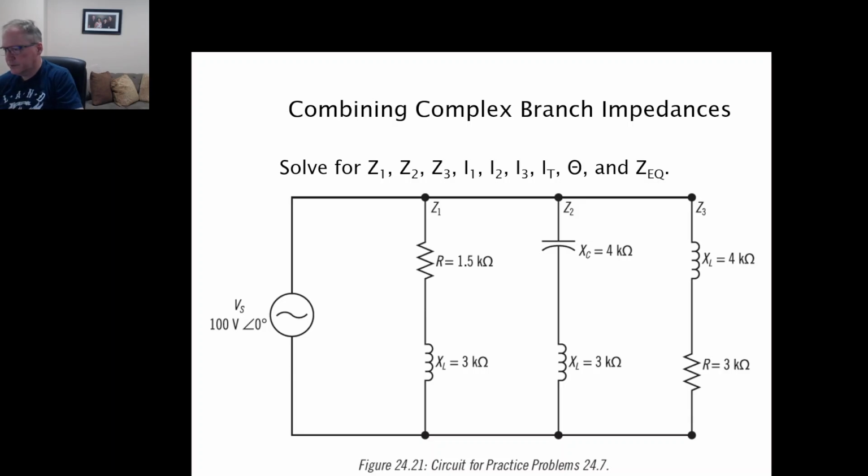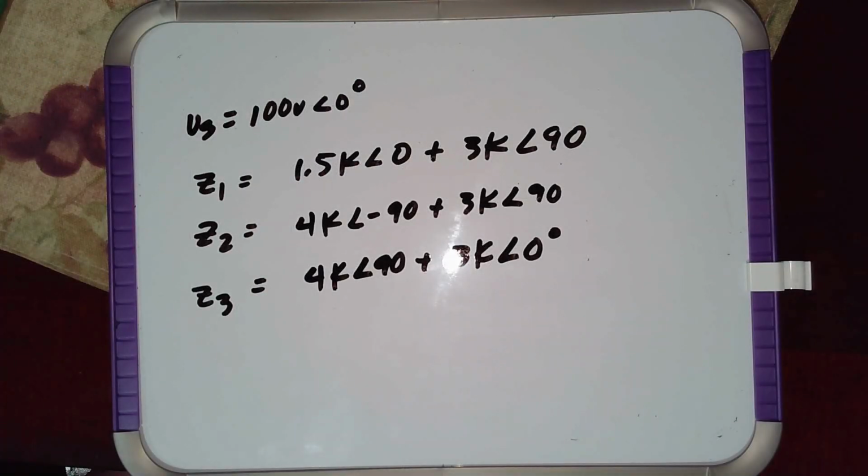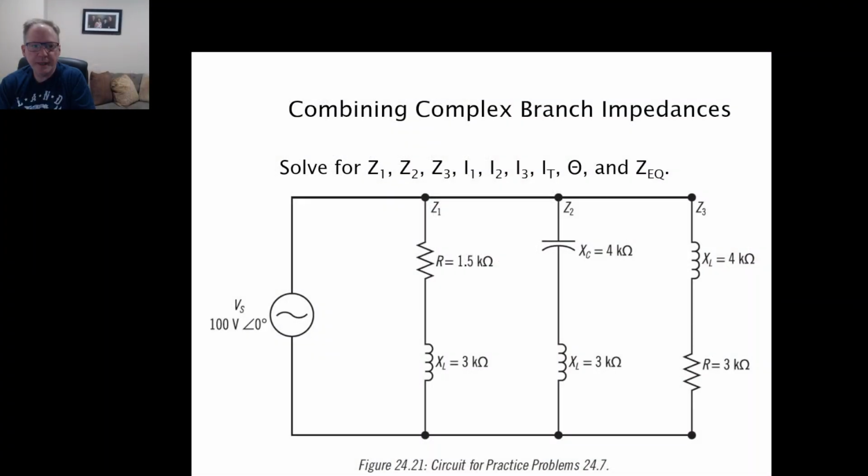Okay, so if we were to look at this formula, you can see the source voltage is still 100 volts, and then Z1 is just the sum here. So now if we come to our calculator, so let me switch this back.